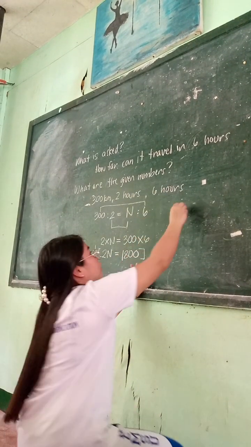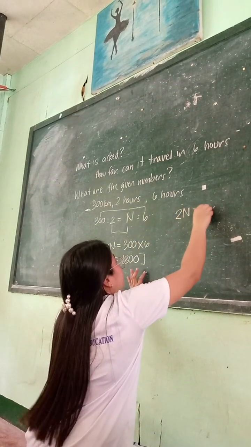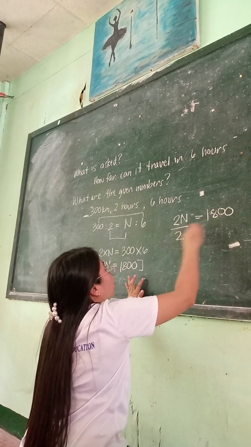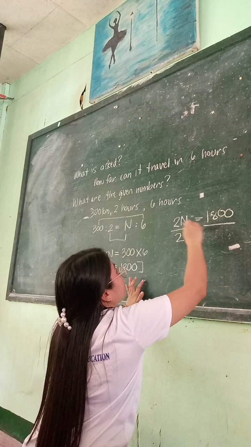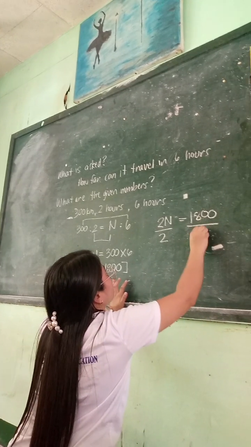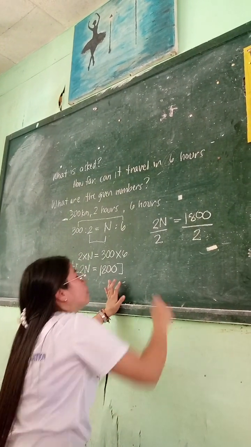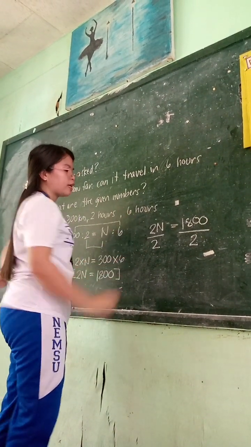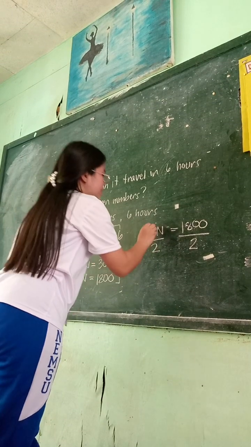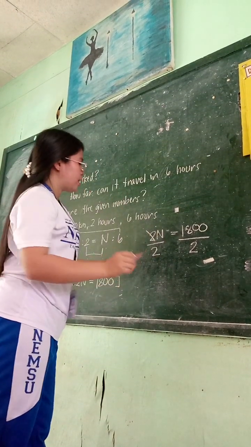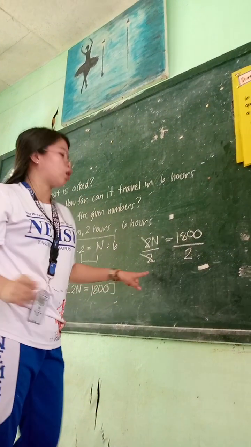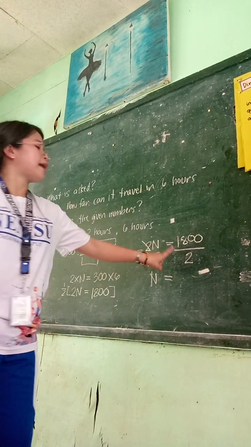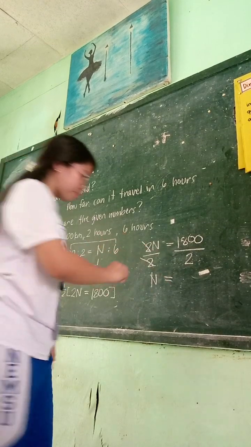So 2n over 2 equals 1,800 over 2. The 2 in the numerator and denominator will be cancelled, so what remains is n. So n is 1,800 divided by 2.